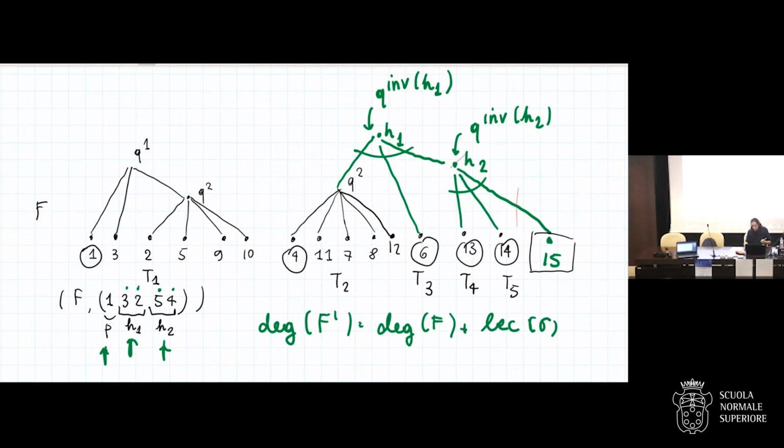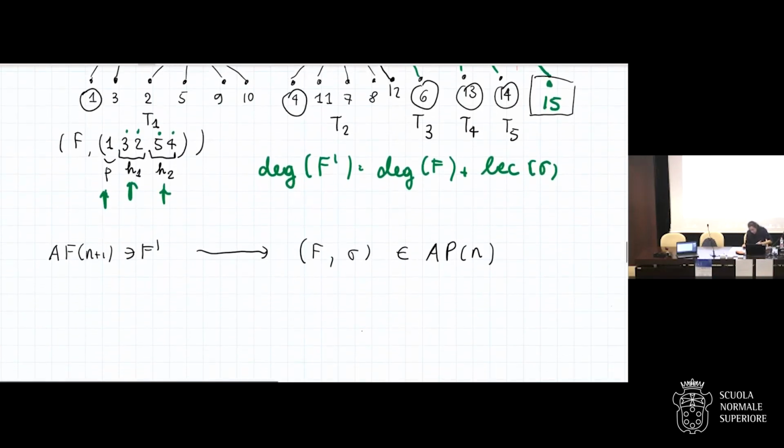So we are going to delete all these edges, all these vertices, and of course we are also going to delete all the vertices that were going out from these vertices I just deleted. So it is somehow easy to find a new forest which is over n leaves, plus edges and internal vertices.